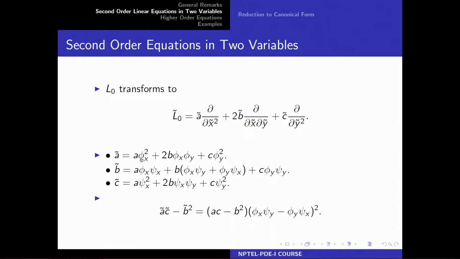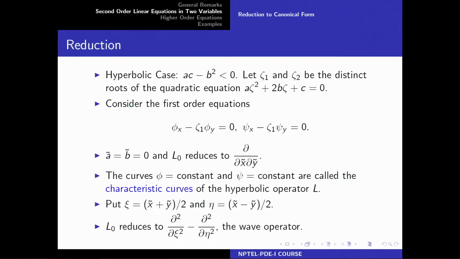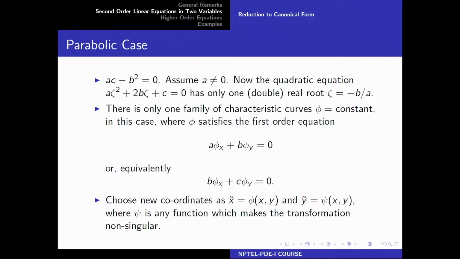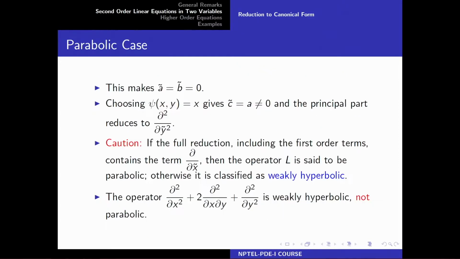So, choosing the phi we get a tilde 0, and again here if you group it, you get a phi x plus b phi y times psi x and b phi x plus c phi y times psi y. You plug in these things and observe that in this case a tilde and b tilde are 0.